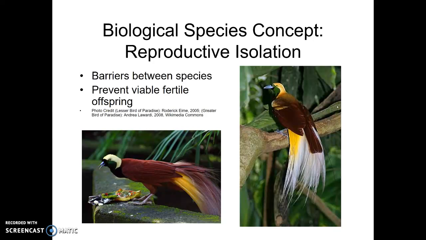Once any part of that definition fails, when something is not met, we determine that they are then separate species. And the differences will just get bigger and bigger over time. Reproductive isolation is going to prevent viable, fertile offspring.